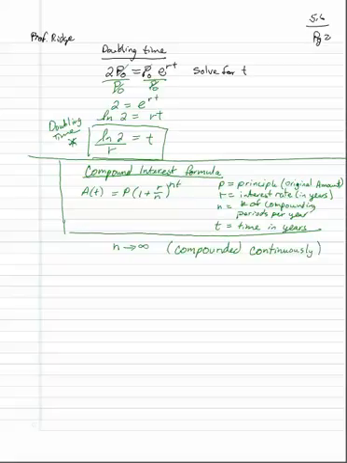What that gets us is this formula, and it turns out it's just the same formula that we did for exponential growth. It's P e to the rt, or if you want to use the P sub 0 notation, you can use that too. I tend to use A of t, the amount, but either one is the same formula.